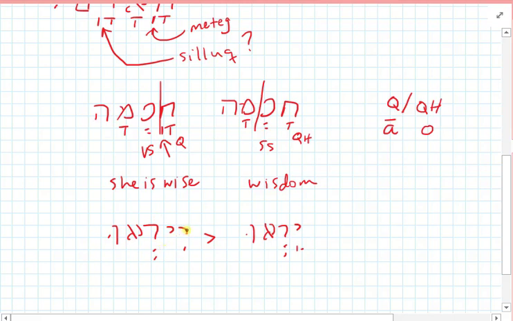Is that a consonant or a vowel right there, that first yod? It's a consonant, right? How do you know that that yod is not a vowel? Because it's at the beginning of a word, which means it's at the beginning of the syllable, right? And vowels don't start syllables unless it's shurik, right? Which we saw. Okay, so this first yod is a consonant, and the consonant has to have a vowel with it, right? And so there's a kirik under it.